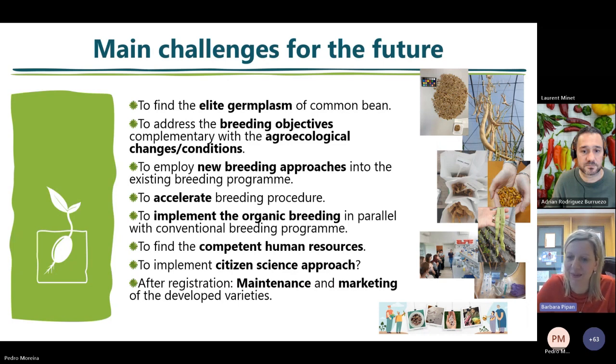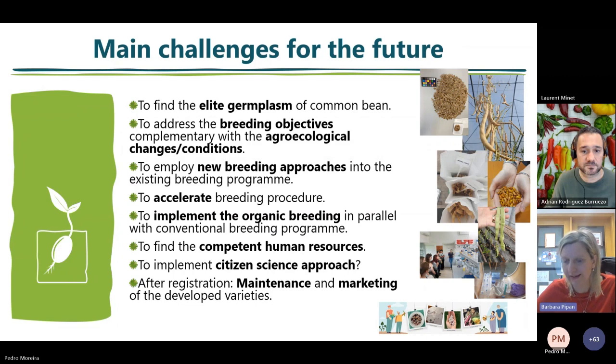So I'm really trying, since we are an institute, not a university, to host students from our university to see our breeding programs, our materials, our lab, maybe to motivate them to be involved in our work after their studies.